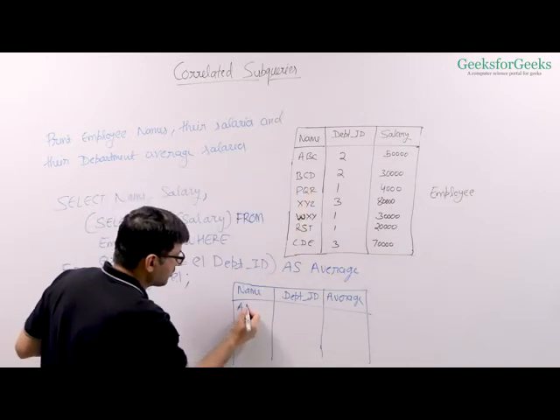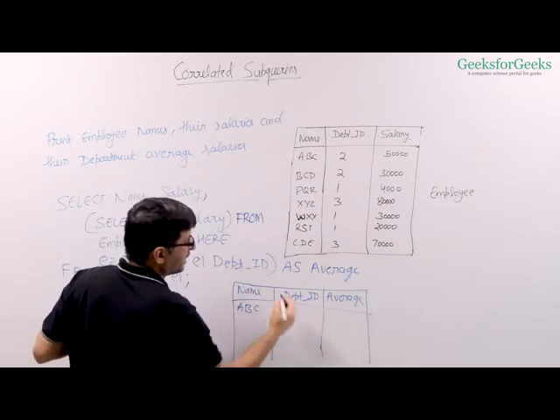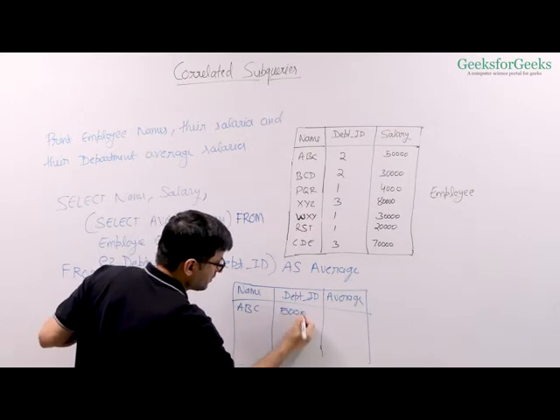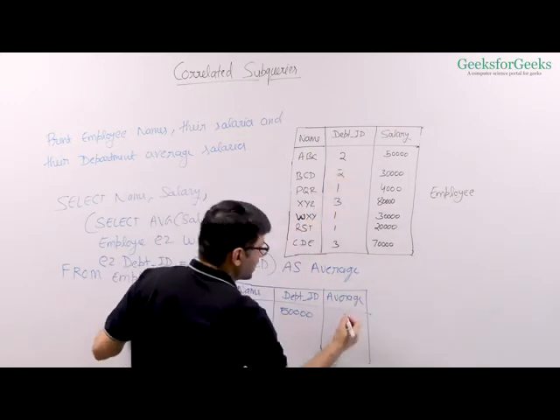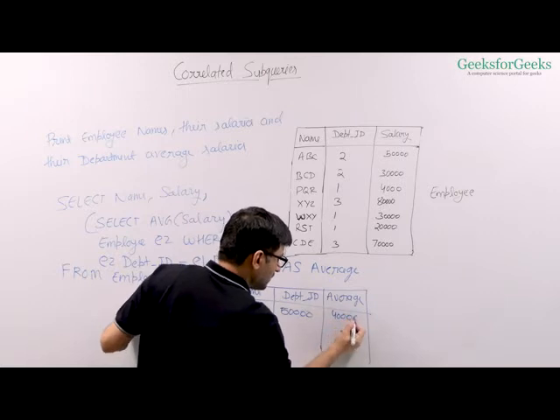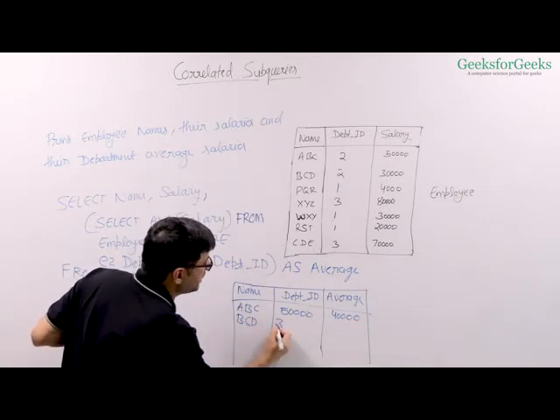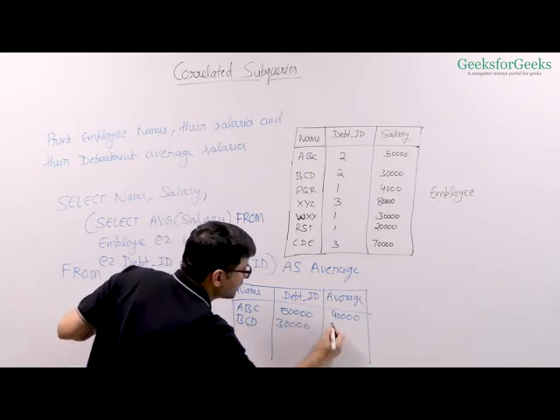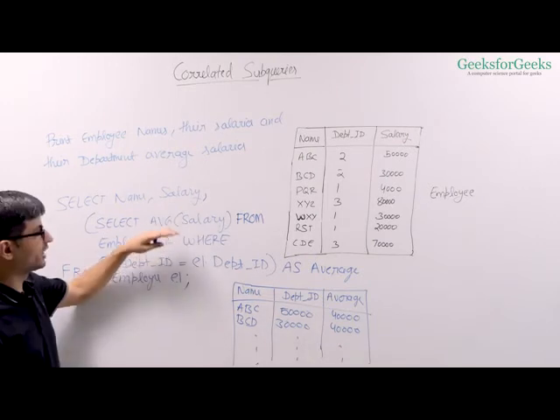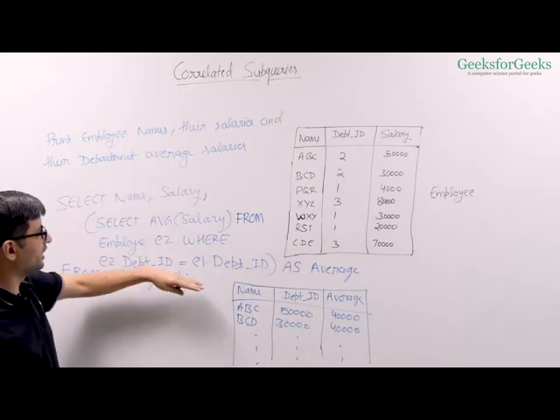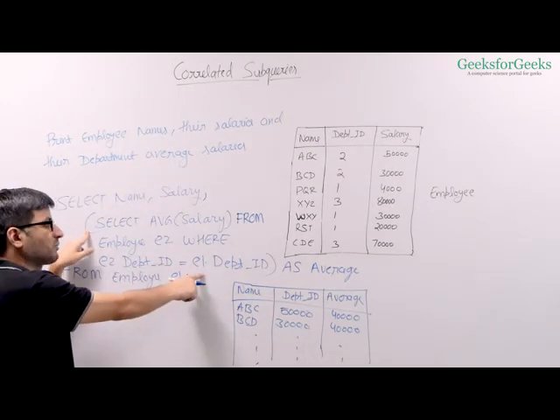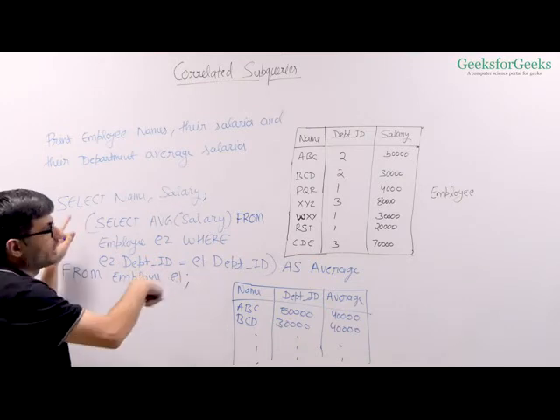We'll have the first row ABC, salary of ABC, and average of ABC's department, 40,000. Then we'll have BCD, salary of BCD, and average of BCD's department, and then the remaining 5 rows. So that's what we get after running this query. We have used this as a subquery in this whole query.